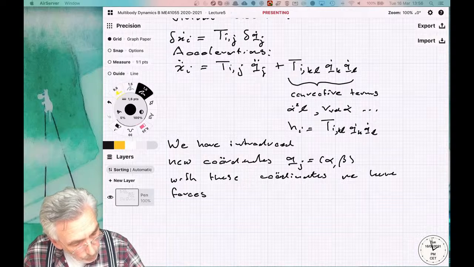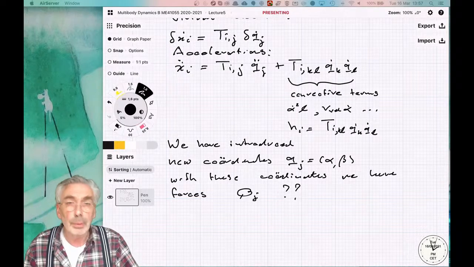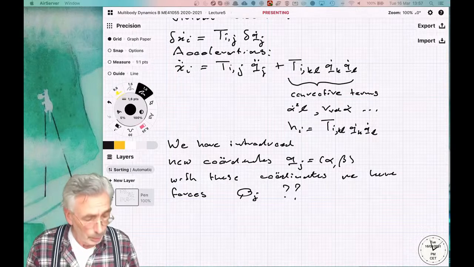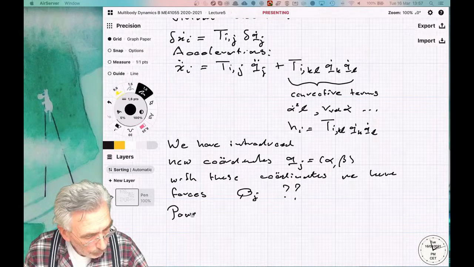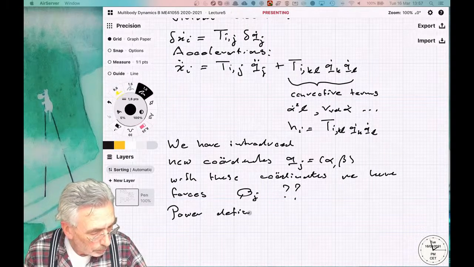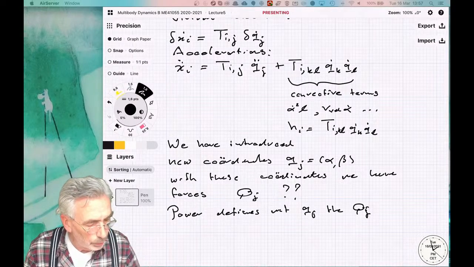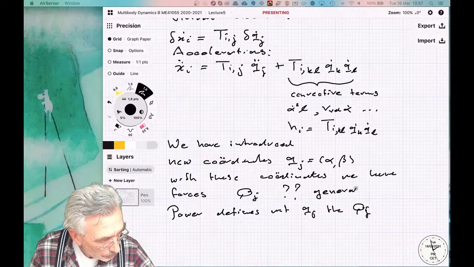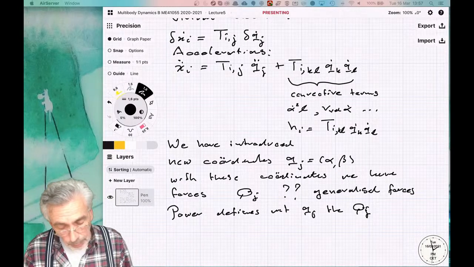We call those forces Qj. And what are they? That's the big question. Well, of course, they are tied together by the concept of power. So you could say power actually defines, with Qj, the meaning of these generalized forces.